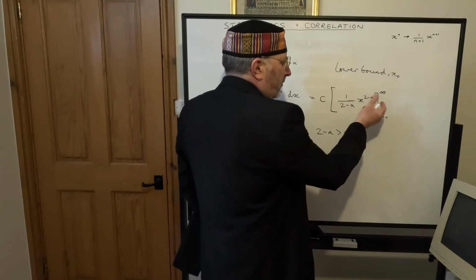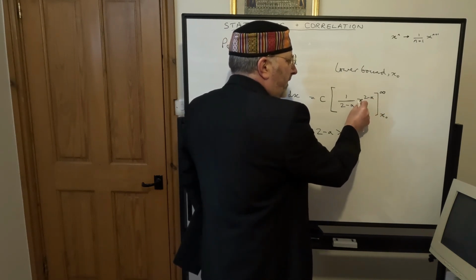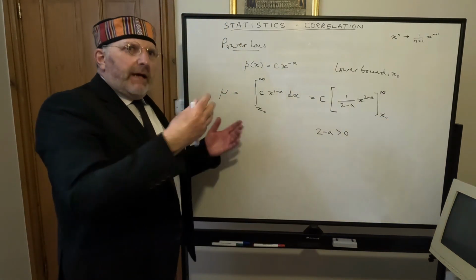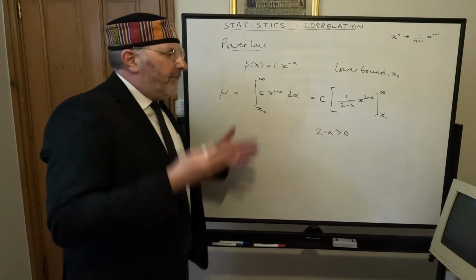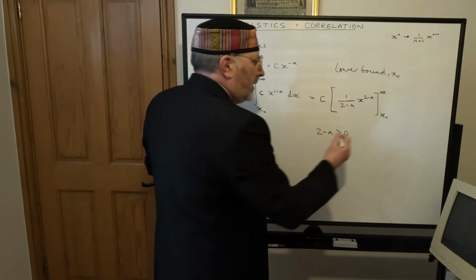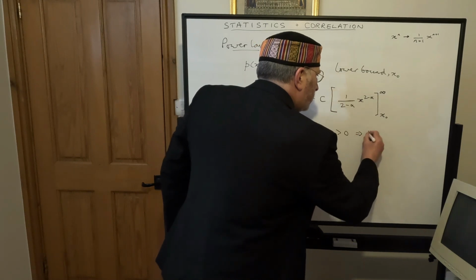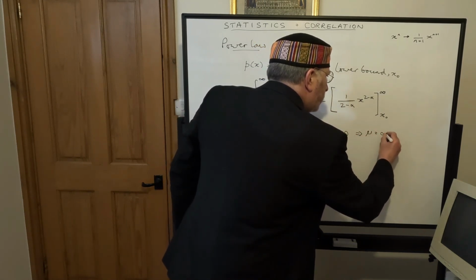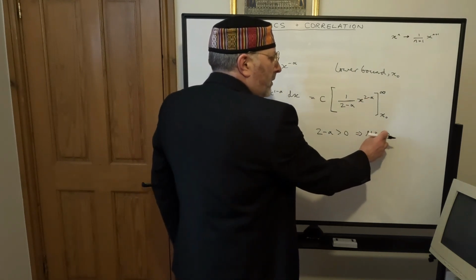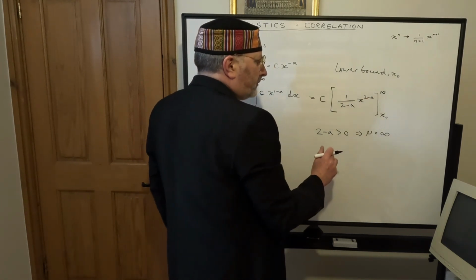In other words, it's positive. So it'll be infinity raised to a positive power, which will also be infinite. So if 2 minus alpha were greater than 0, mu would be infinite.